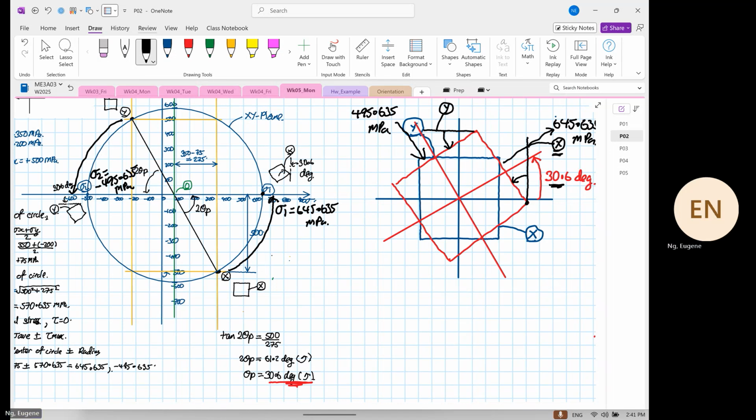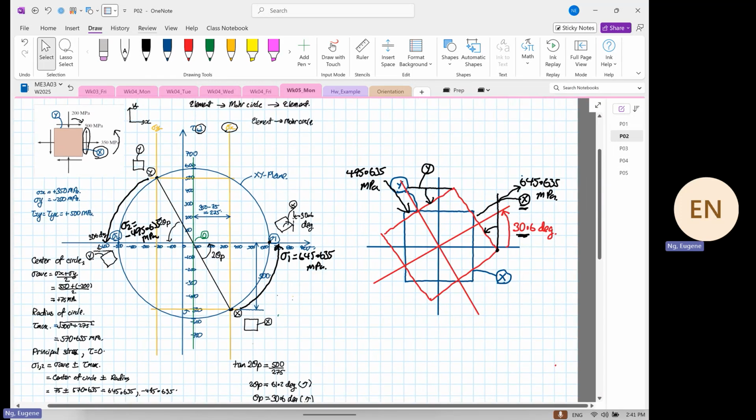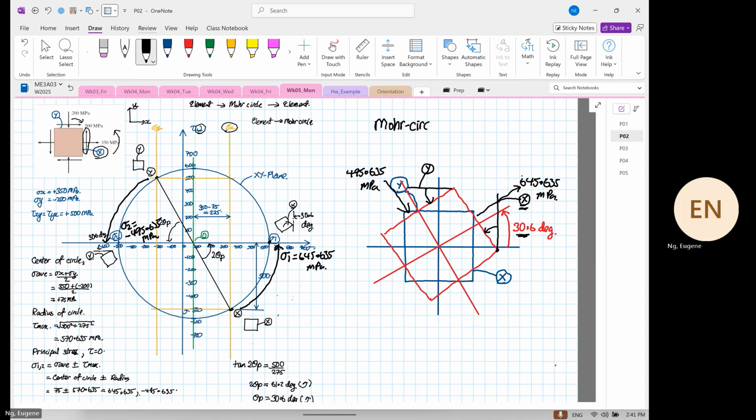Are we clear? So what we have just done is a sequence where we go from Mohr circle to element. This is known as our principal plane orientation.